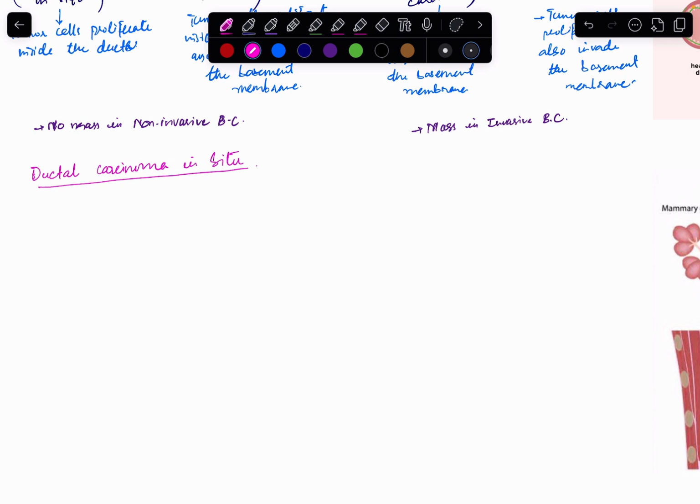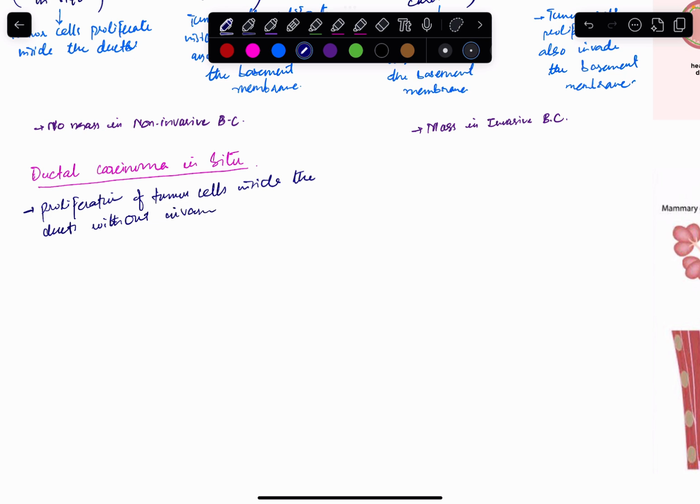As the name says, ductal carcinoma in situ is the proliferation of tumor cells inside the ducts without invasion of basement membrane. So you're not going to see any mass in this.